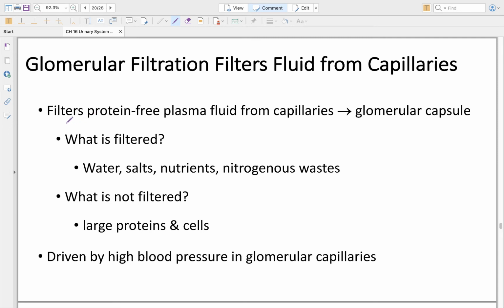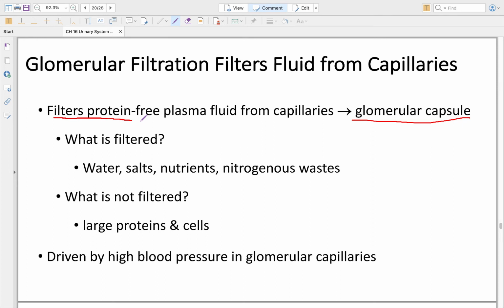Now we know that the glomerulus, the capillaries, are going to increase pressure in the glomerular capsule, allowing certain molecules and ions, and obviously waste, to be filtered out, salt, water.